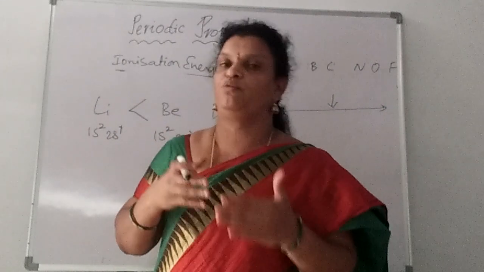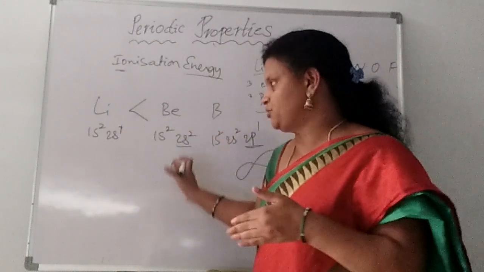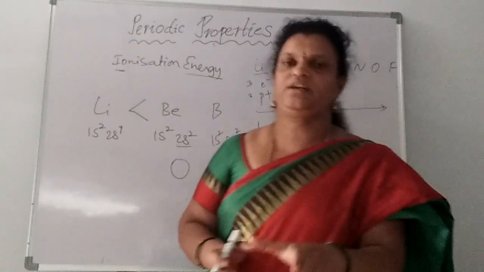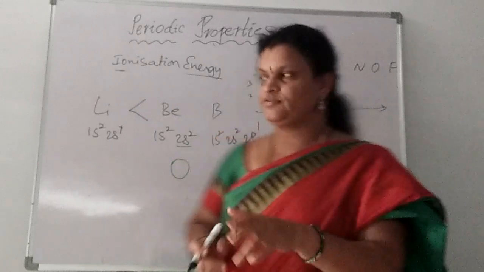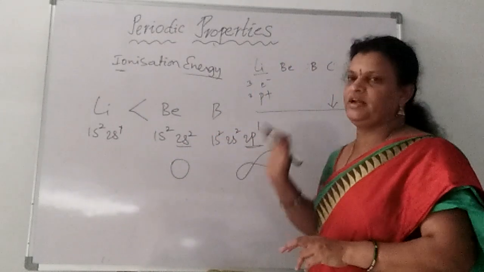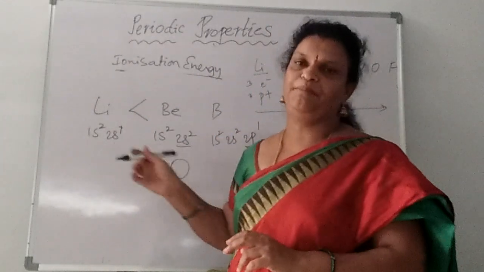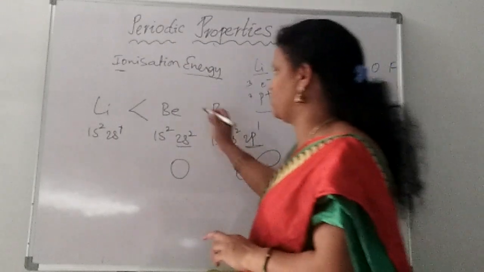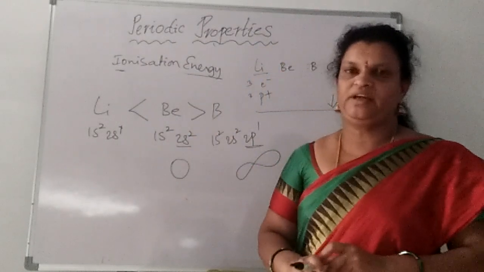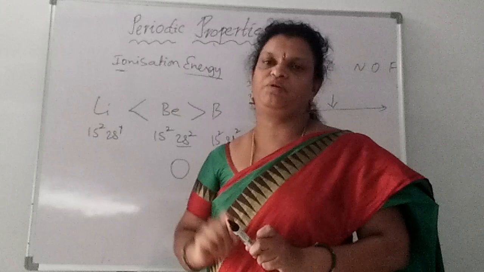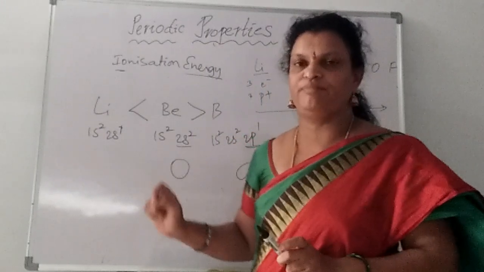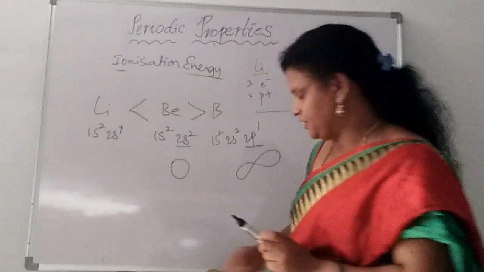It is not attracted more towards the nucleus. When it is in the s orbital, it is attracted more towards the nucleus. That is why it is easier to remove an electron from the p orbital compared with the s orbital. So compared with beryllium, boron needs less energy. The ionization energy of boron is less than that of beryllium.